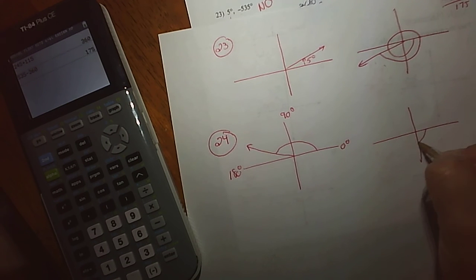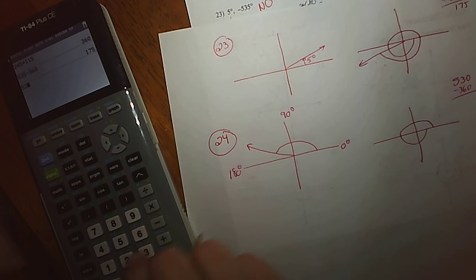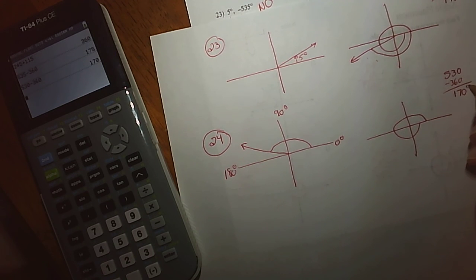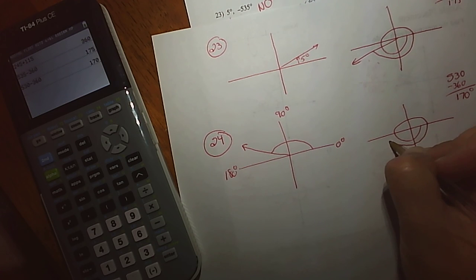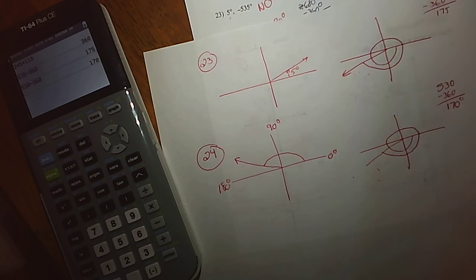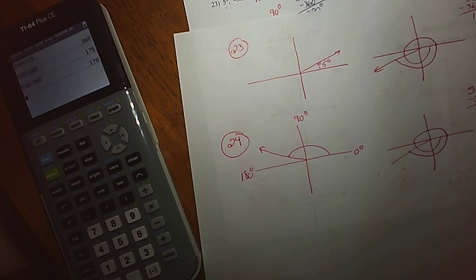So a whole way around would be 360. So 530 minus 360, so I'm using my calculator and subtracting those. I'm getting 170. So I'm going to go back 170. So that would be back 90, back 170. Right? Did these guys land in the same spot? No. So coterminal means if you graph each one, they would land in the same location.